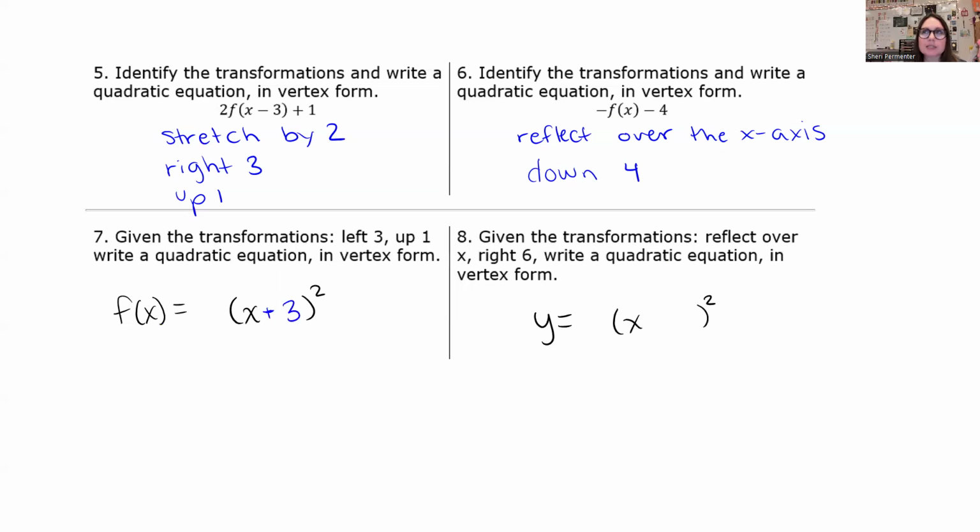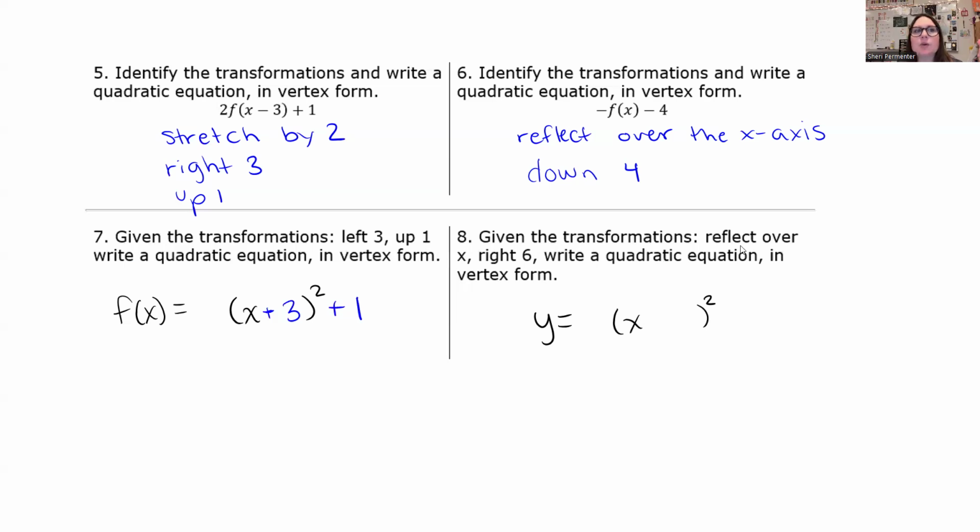It's opposite. So if it says left, you go plus. And then up 1, where do I put that? On the right. +1. And then did it say anything about stretching or reflecting? You're done. A 1 is there. You don't have to put anything. Same thing. And I don't care which one you put.